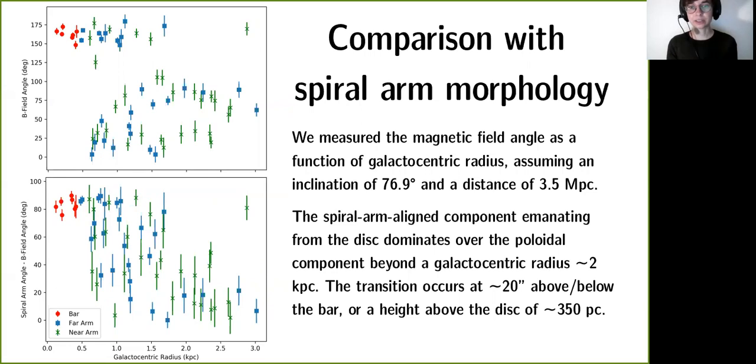We find that that transition occurs broadly beyond a galactocentric radius of 2 kiloparsecs, but equivalently that is 20 arcseconds above or below the bar, which for our assumed inclination of 76.9 degrees and a distance of 3.5 megaparsecs is equivalent to the transition happening at a height above the disk of around 350 parsecs.